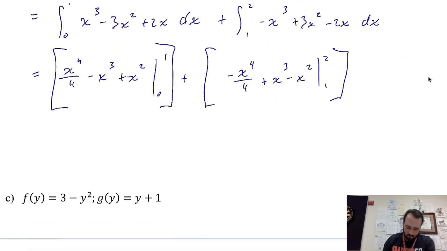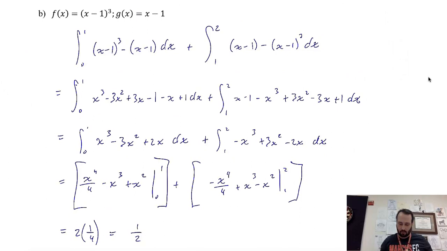So if I put in 1, I have 1/4 minus 1 plus 1. So that would just be 1/4, and then minus 0. So then this part would also come out 1/4. So my area for all of this would be 2 times 1/4, which would just be 1/2. Again, that is because those things have that symmetry.